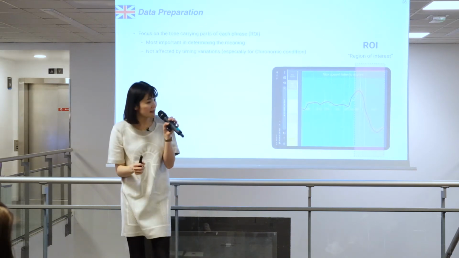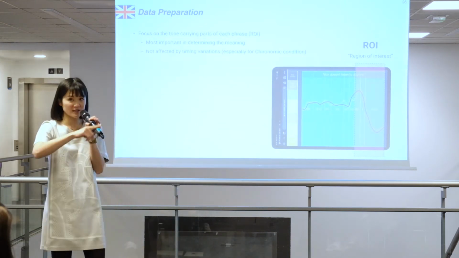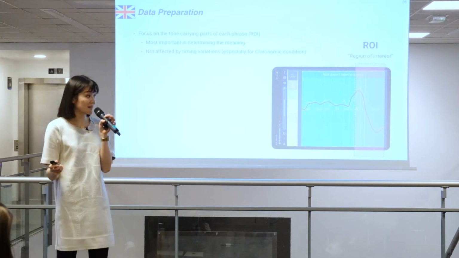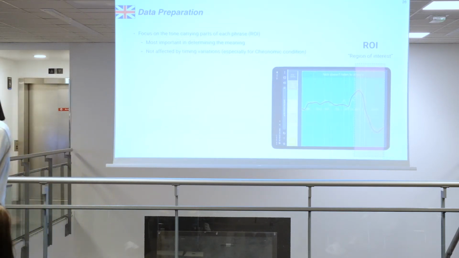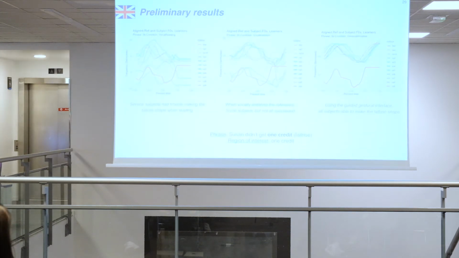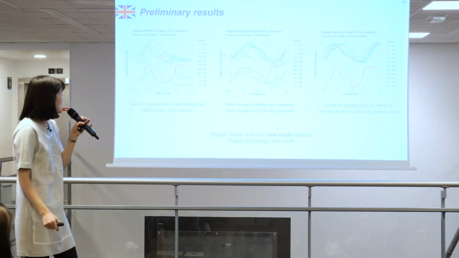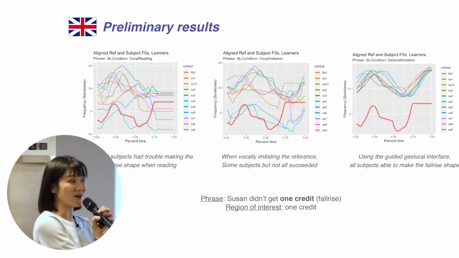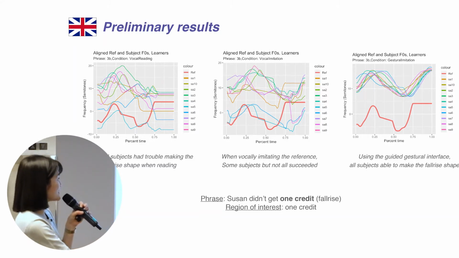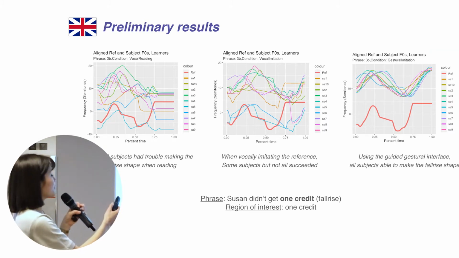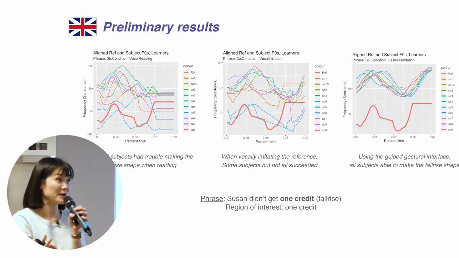So we segmented just the part with the big shape and kept those for analysis. I don't have the statistical results yet because I'm doing the analysis right now, but I can show you some graphs. These are all native French speakers, and these are their curves for the region of interest for one phrase.